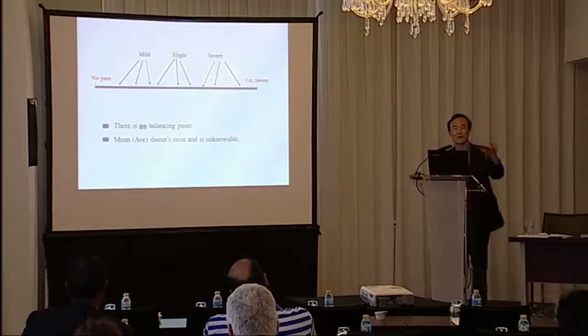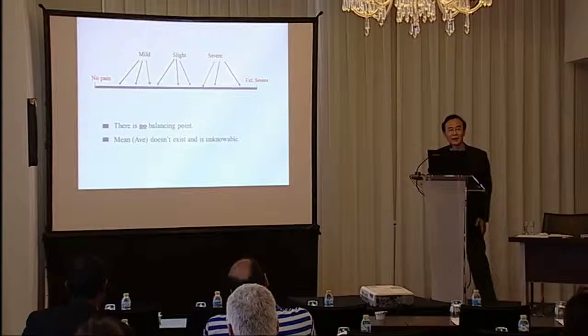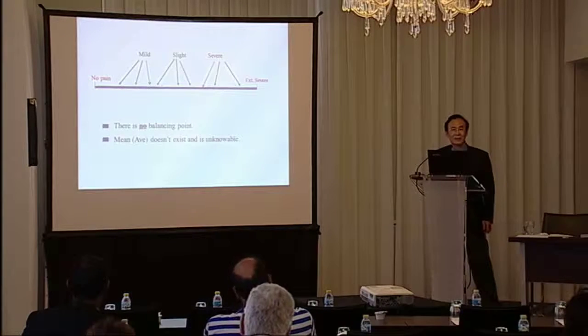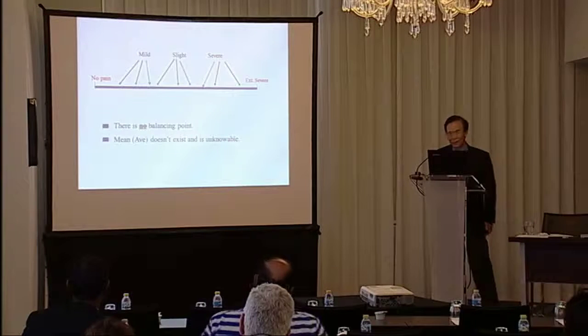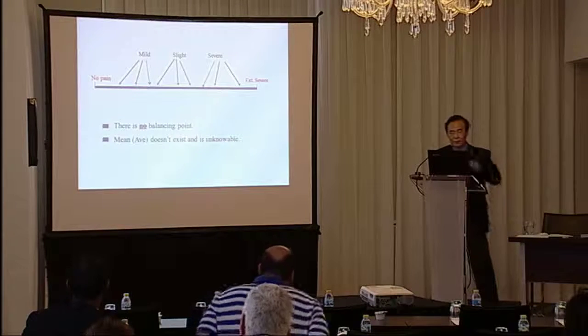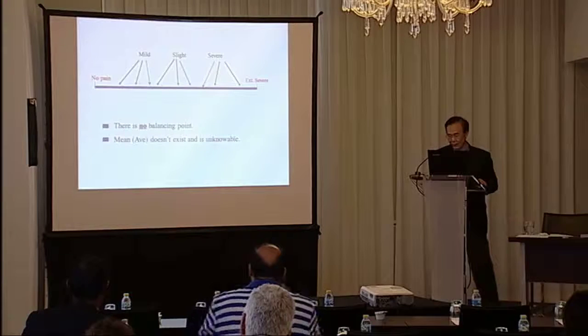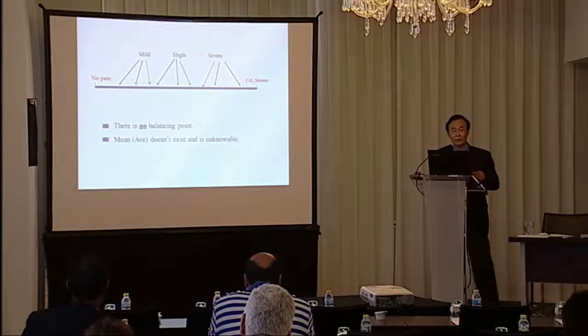So let's go back to the ordinal data, and you will be able to see why the average doesn't even exist when you have ordinal data. Now you have the same stick with a uniform mass density. The left-hand point is no pain, because no pain is the smallest pain level.